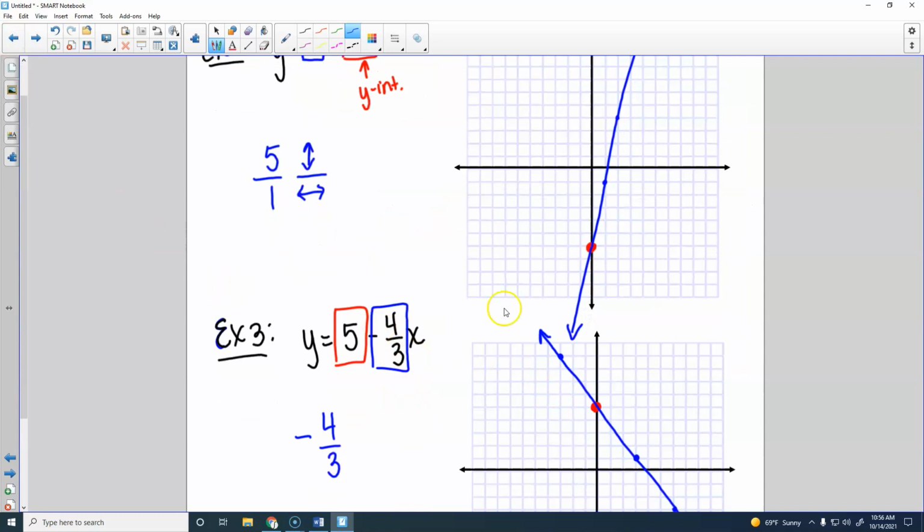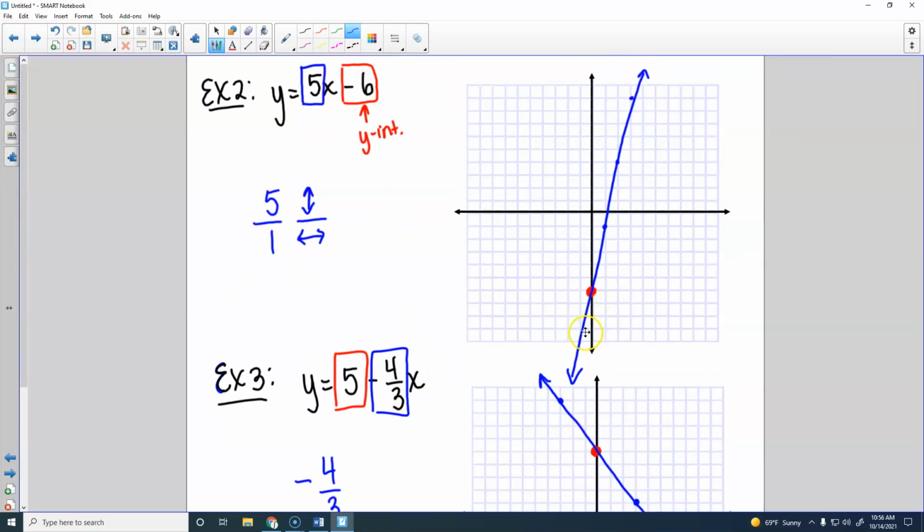Here, negative slope, decreasing. Here, positive slope, increasing. So positive slope will always be increasing, negative slope always decreasing. So you can use that to check yourself when you're graphing. If they don't match up, then you've probably done something wrong. Okay? All right, questions? All right, everybody feels like they can go graph some lines if I give them equations right now, right? I hope.